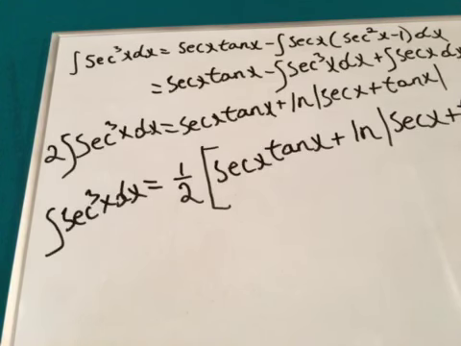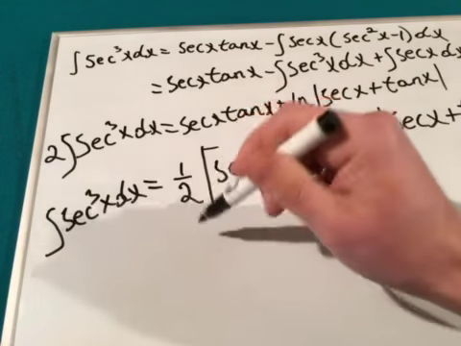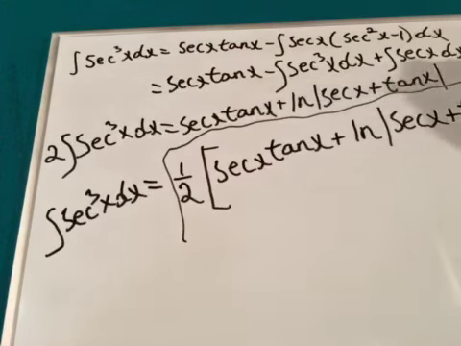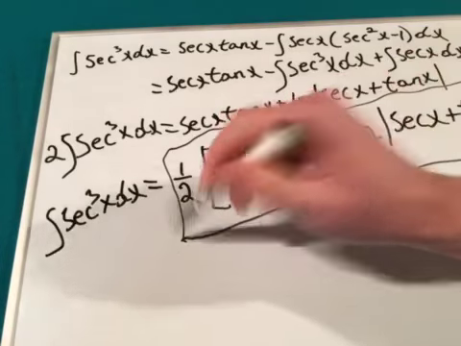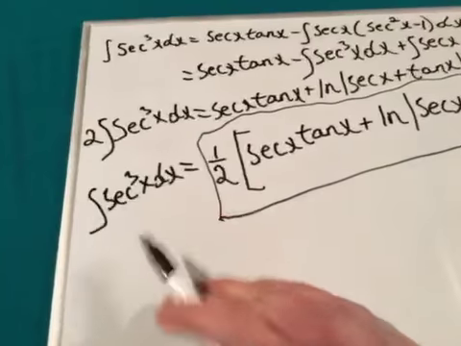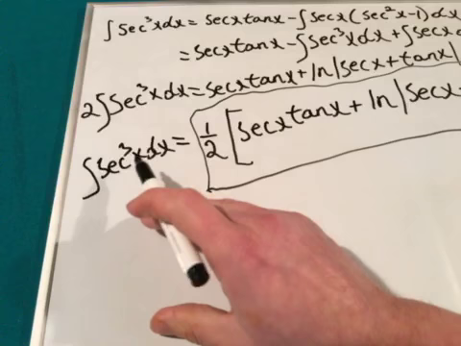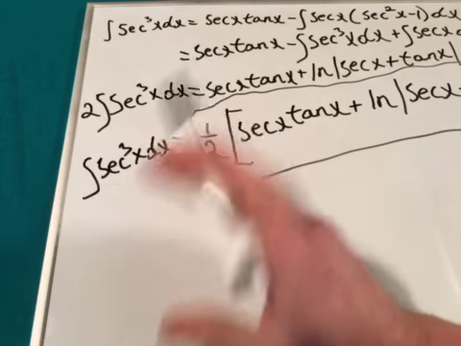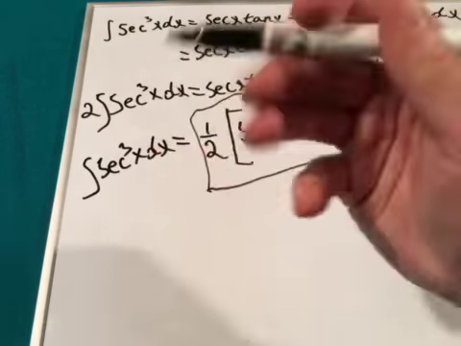And then, of course, plus C. And that's it. There's your answer. We just solved the integral of secant cubed x dx without really ever evaluating the integral.